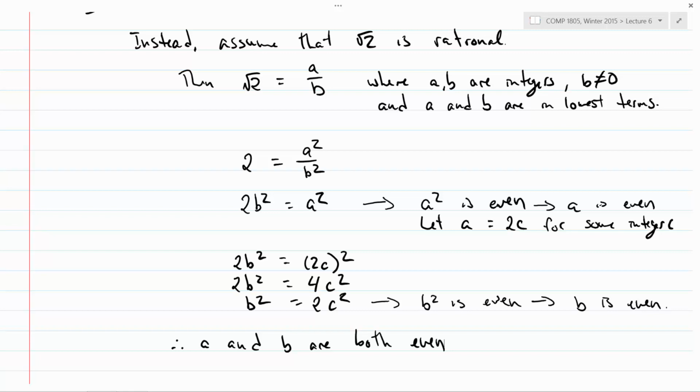So that's a contradiction, right? I derived that they were in lowest terms, but now I've shown that in fact they're not in lowest terms. So that's like saying P and not P. They're in lowest terms and they're not in lowest terms. That's a contradiction.